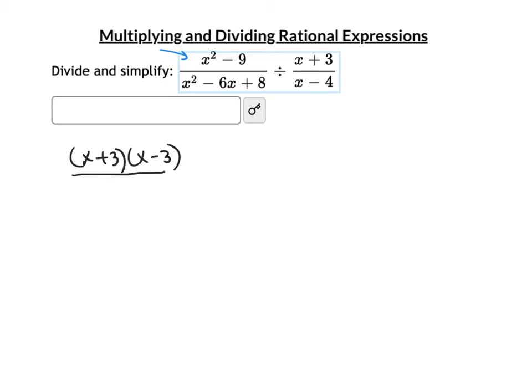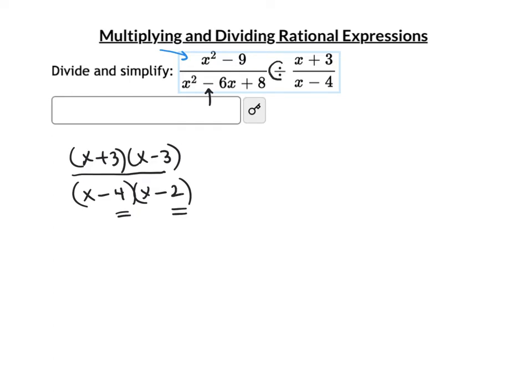In the denominator, we know that x times x is x squared, and this number times this number makes positive 8. So it's either 2 positives or 2 negatives. The middle there is a negative, so it's 2 negatives. I need factors of 8 that add to 6, and those are 4 and 2.